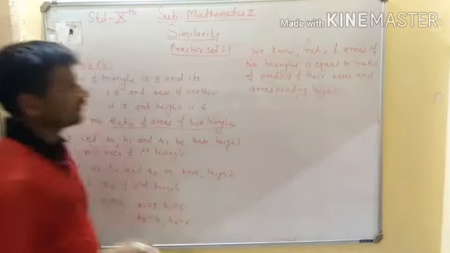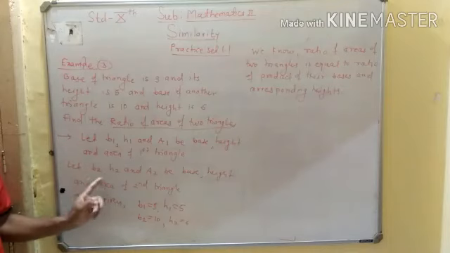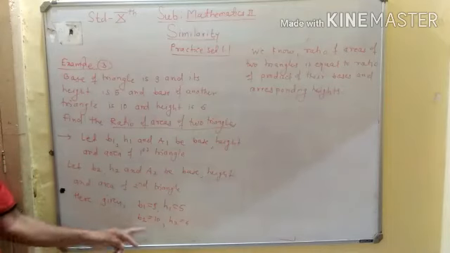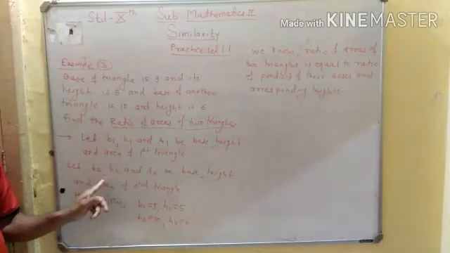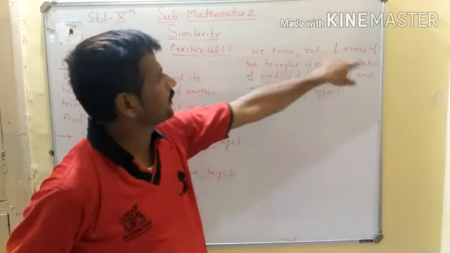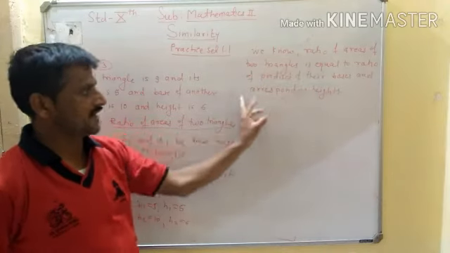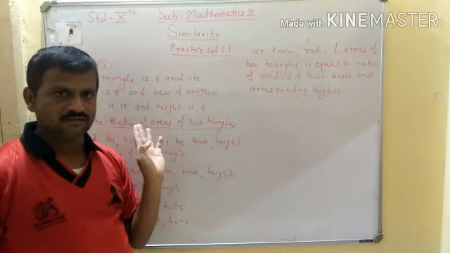Look at here. In that example, the bases and heights are different. That means here we denote all things by the notations. Okay. We know the property: the ratio of areas of two triangles is equal to the ratio of product of their bases and corresponding heights.